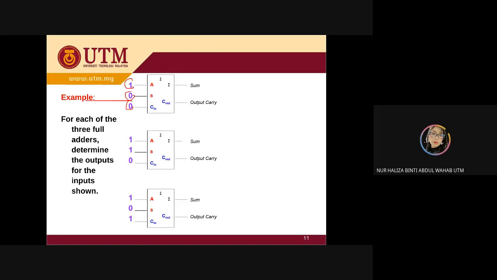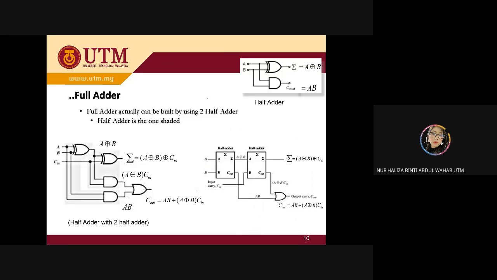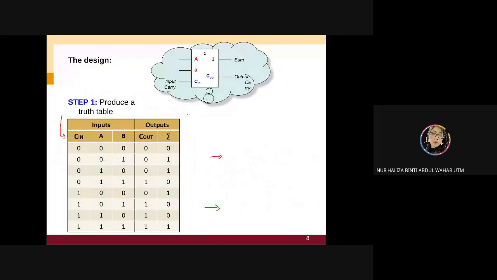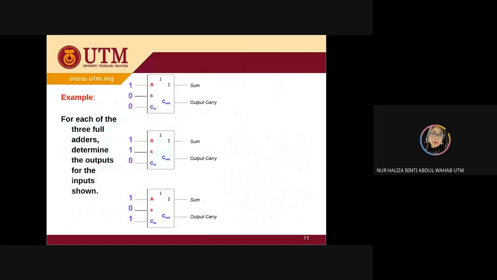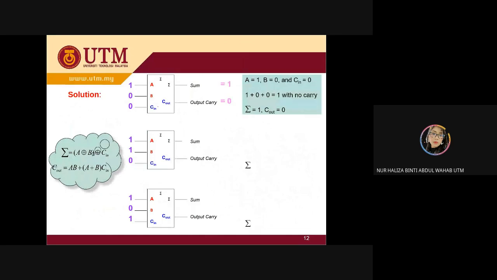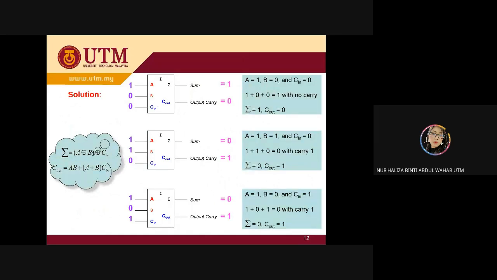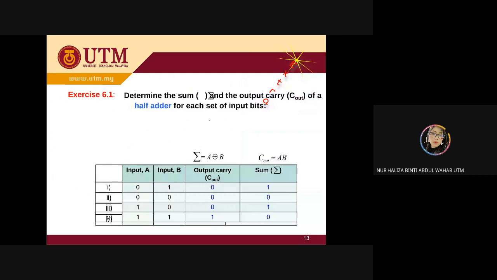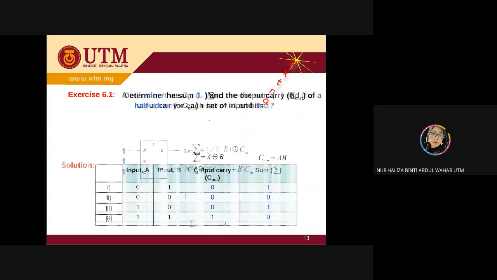When you have the input, you can also try to look into your DIT simulator, construct the full adder and half adder, try to play with the input and check what is the output. Is it similar or not with the truth table that is provided? So you will see what is the output for the sum and the carry out, how it's going to look like. So let's say this one is an exercise which is similar.